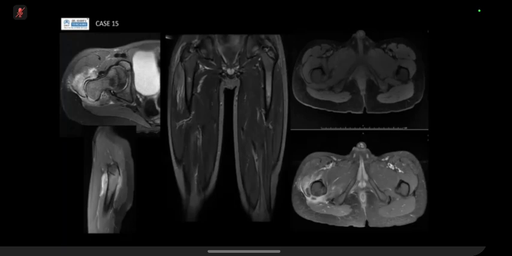Findings are suggestive of an infectious process like osteomyelitis, and this is most likely an aggressive appearance of infectious osteomyelitis and abscess. Quick question: without the inflammatory markers, what would you have thought it was?